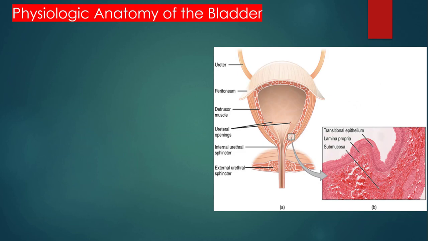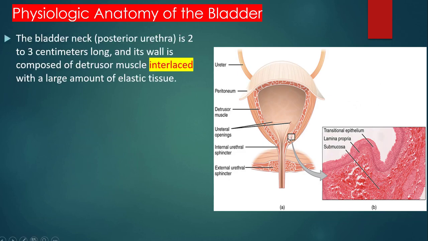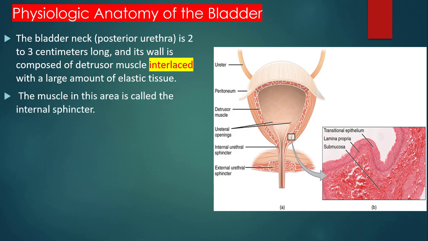The bladder neck, posterior urethra. As we know, the bladder neck, also called the posterior urethra, is 2 to 3 centimeters long, and its wall is composed of detrusor muscle interlaced with a large amount of elastic tissue. The muscle in this area is called the internal sphincter.